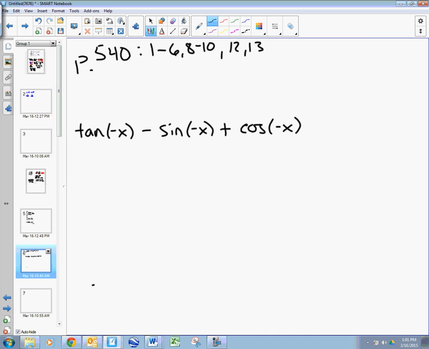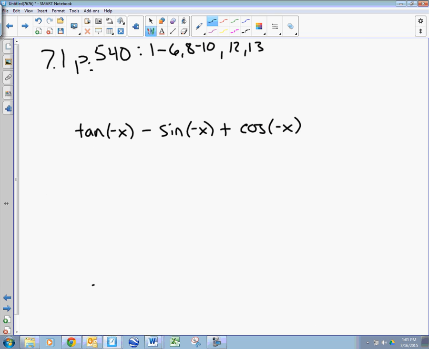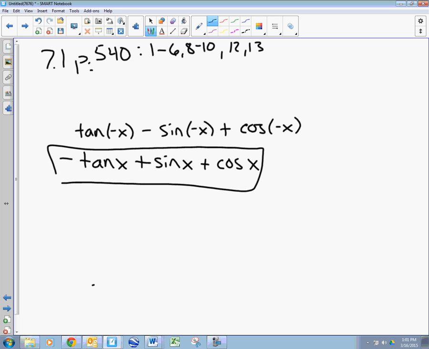So I'm going to do that quick example right here. Tangent of negative x would be a negative tangent of x. Sine of a negative x, I move the negative out front, so it would be plus sine of x. And cosine of negative x, the negative just goes away. That's how you would write the answer.